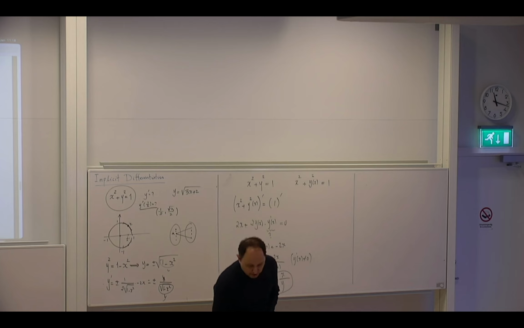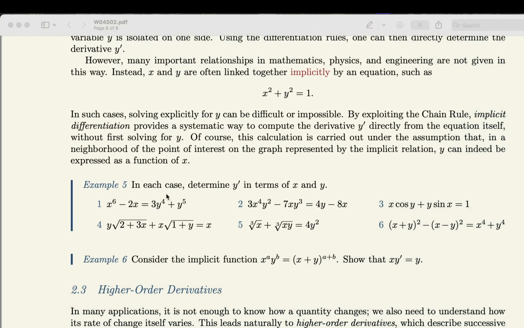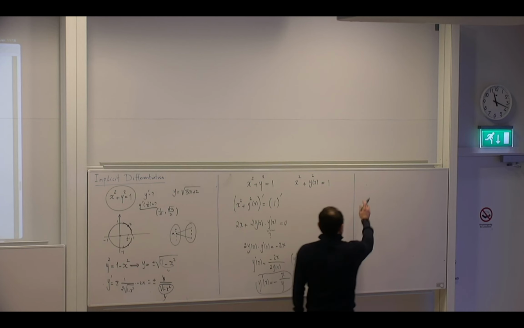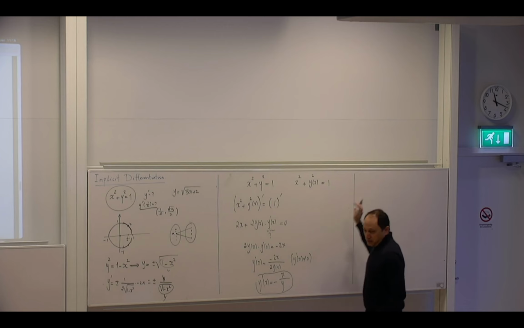For example, if you don't mind, let me skip number 1 and let us do number 2 and 3. These are good ones. So let us do it together here on the board. But I will do it step by step because sometimes it is confusing.